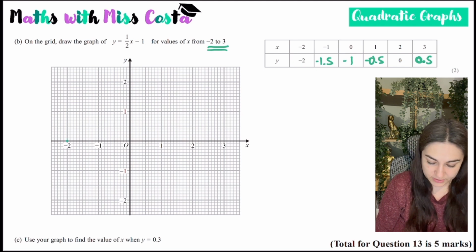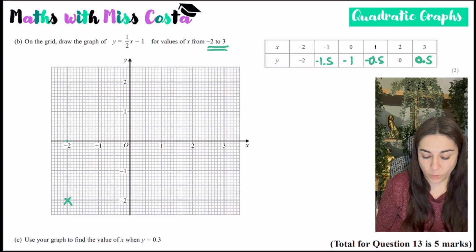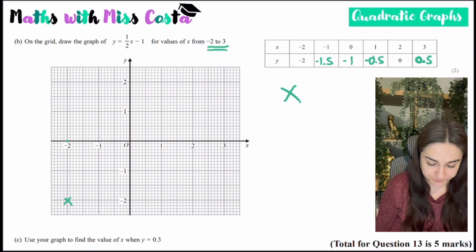So along the corridor to -2 and then down to -2. So I put an X over here. Always mark your coordinates with an X. Then you've got -1, and then you go down to -1.5. Then you've got 0, you go down to -1. Then you've got 1, you go down to -0.5. Then you've got 2 and 0, and 3 and 0.5.